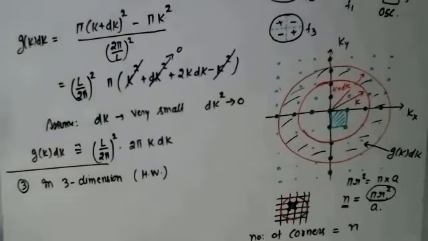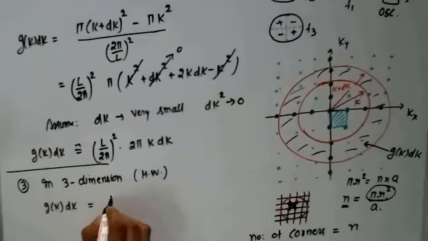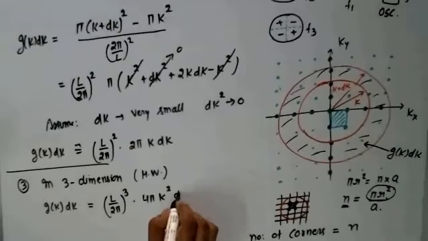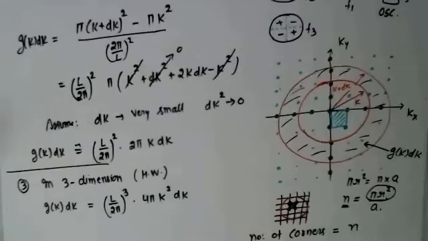Or maybe I can simplify your work. Prove that the gk dk in 3 dimension is equal to (L upon 2 pi) whole cube and 4 pi k square into dk. So you have to prove that in 3 dimension gk dk will be this much.